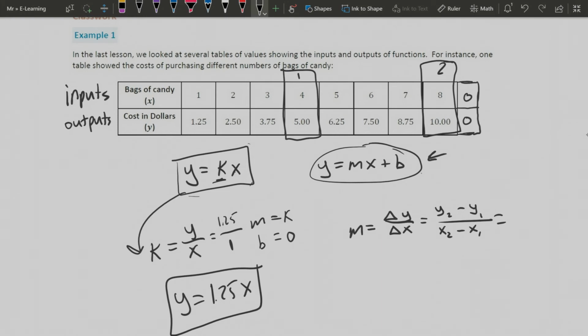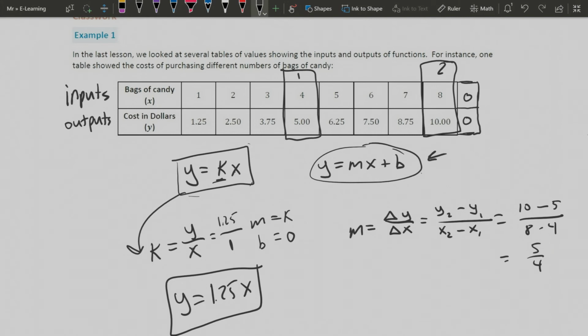So the y value from our second column is 10. The y value from the first one is 5. And the x value from the second one was 8. And the x value from the first one was 4. Okay. 10 minus 5 is 5. 8 minus 4 is 4. So we get 5/4.